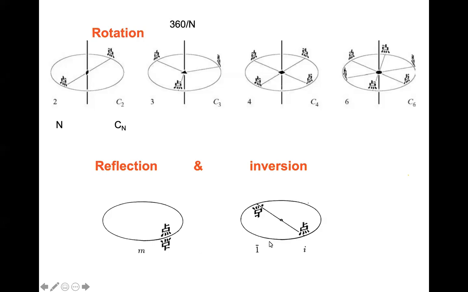So inversion is, you have here one object, you draw to the center and then extend to the opposite same distance here. So if you have two objects like this, for example, hydrogen or chlorine, imagine. So like this. So then let us say this is centrosymmetry. That is denoted by 1 bar, and this is denoted by mirror plane M.